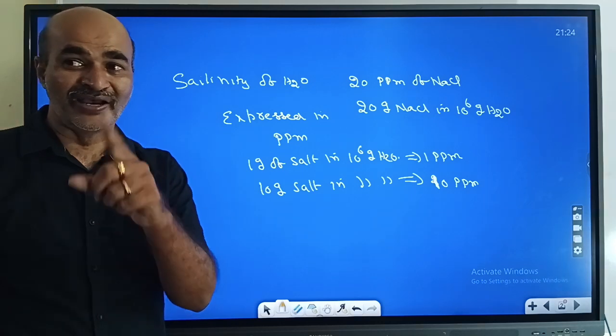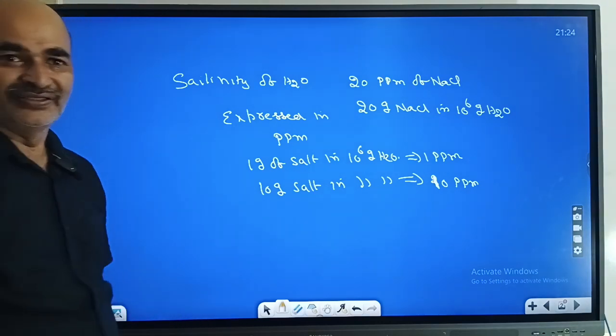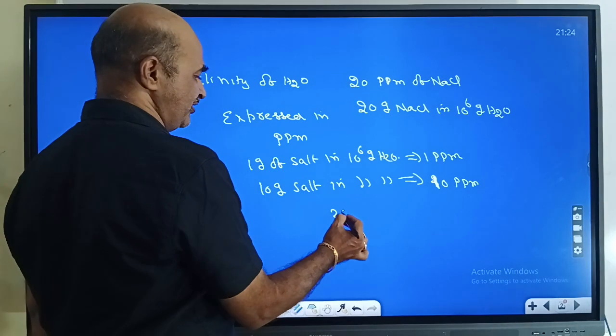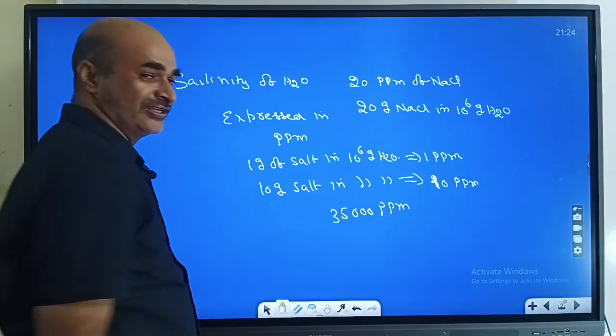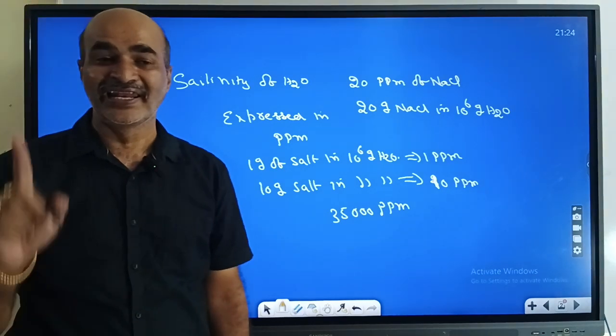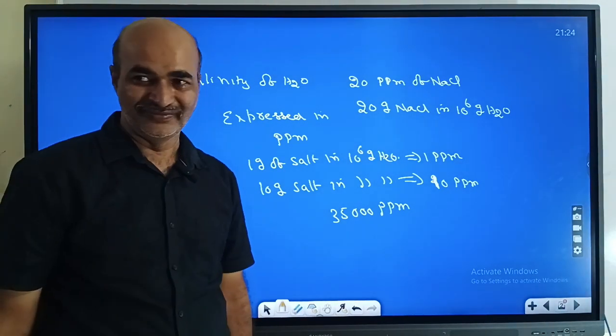What is meant by 35,000 ppm? Saline water has 35,000 ppm.